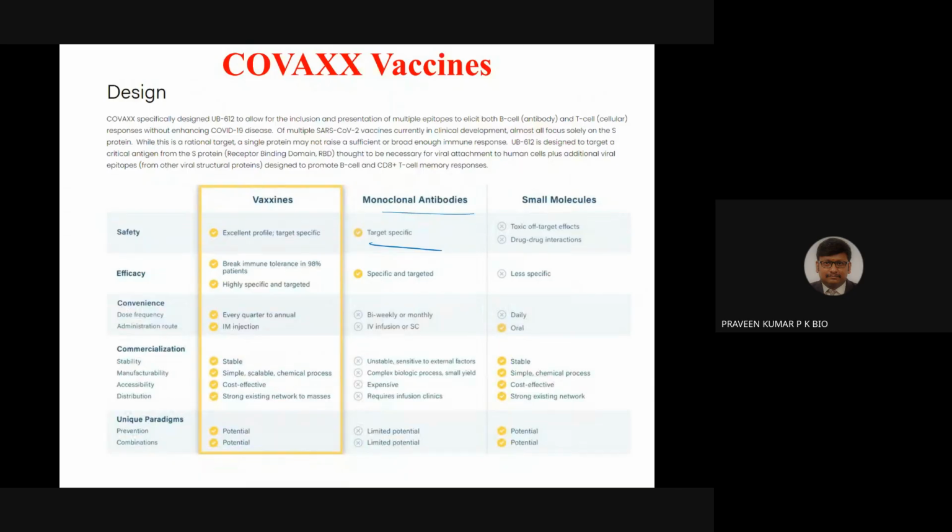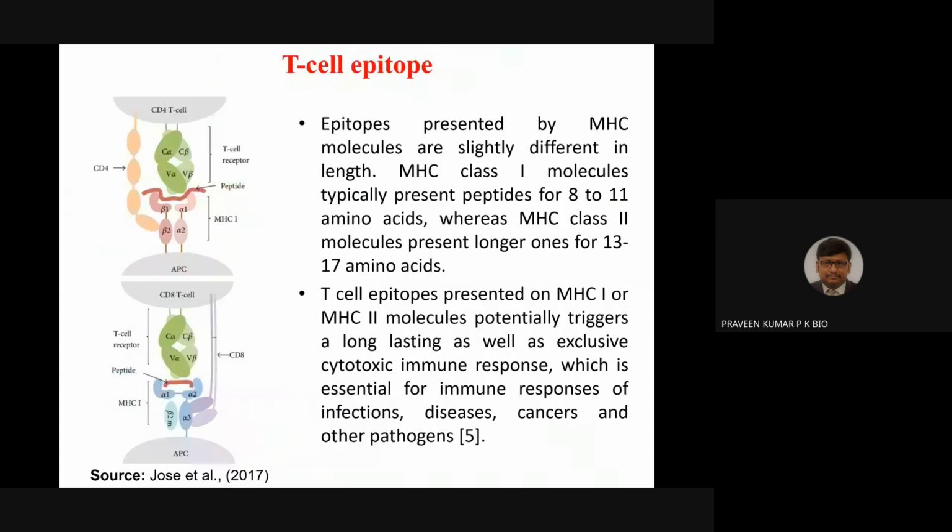If you see this kind of comparison for SARS-CoV-2, the safety aspect we can find with COVAX is showing an excellent profile. And you can see it is more stable, simple, scalable, cost effective, and has high potential. When compared to monoclonal antibodies and small molecules, these peptide-based vaccines hold the best for prevention of these viral infections.